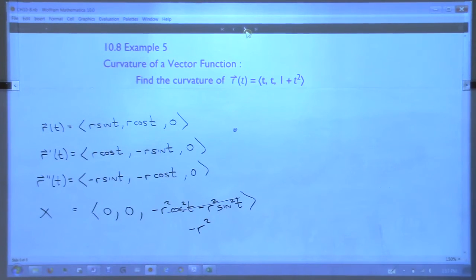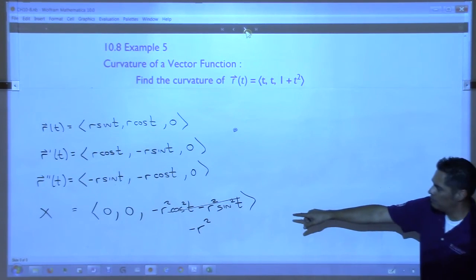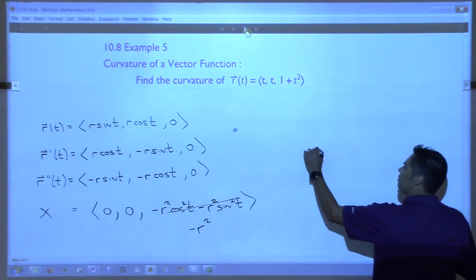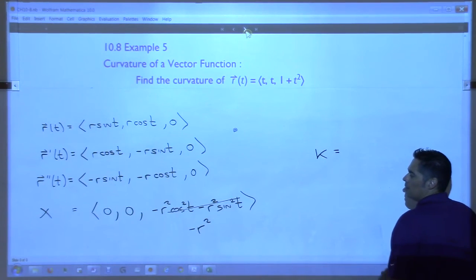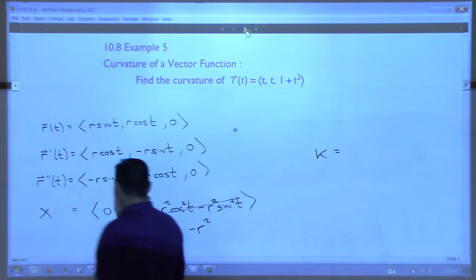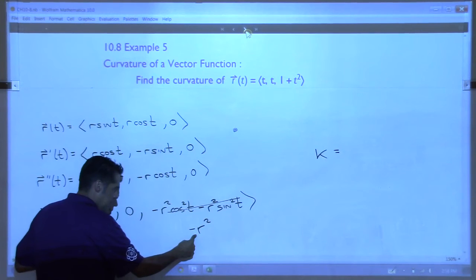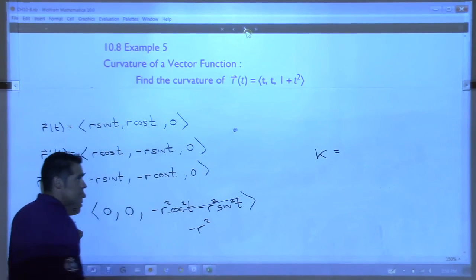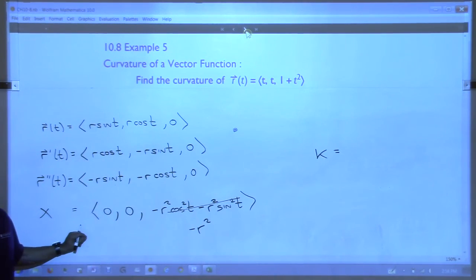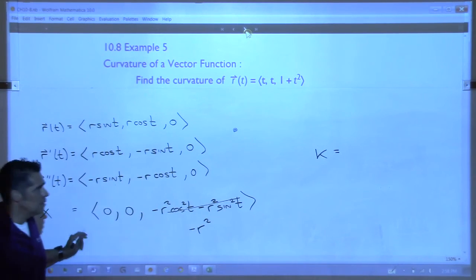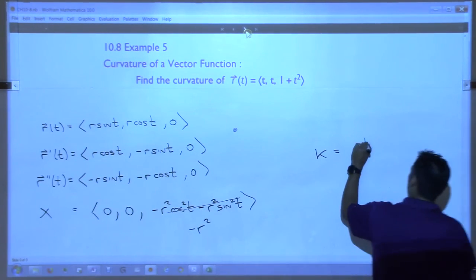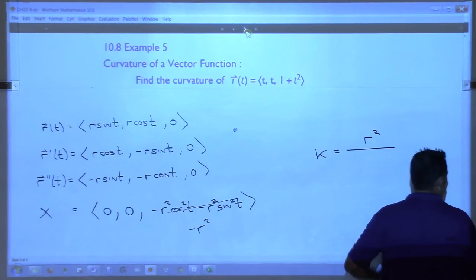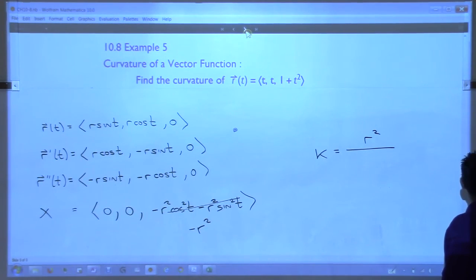So now what we need to do is take the magnitude of that, right? So what's the magnitude of this vector? So k will be the square root of this squared plus this squared plus this squared, right? So the square root of r to the 4th, so just r squared. So the top is r squared, and the bottom is the derivative, right? Take its magnitude.